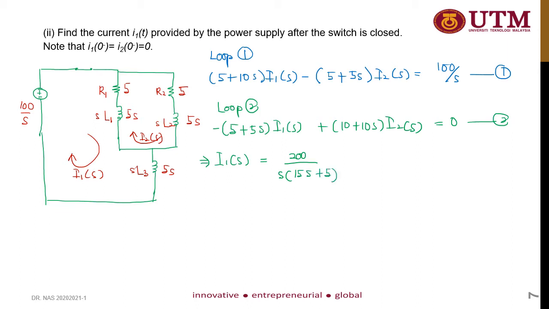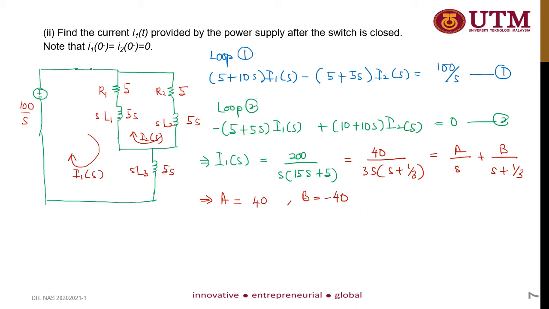So as usual, you need to perform partial fraction expansion to get A and B. So this is equivalent to 40 divided by 3s(s plus 1/3), which is equal to A over s plus B over (s plus 1/3). So from here you should get A equal to 40 and B equal to minus 40.